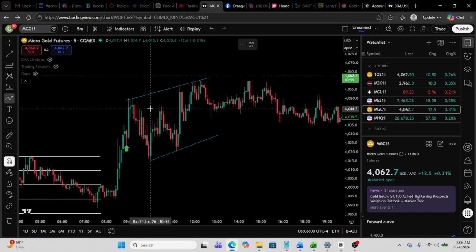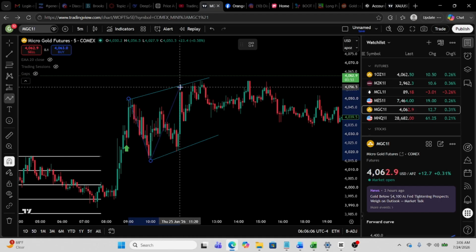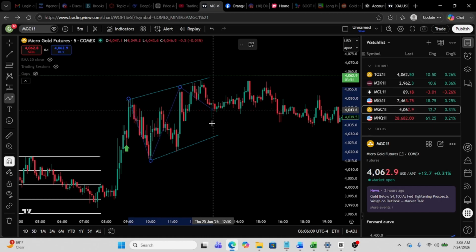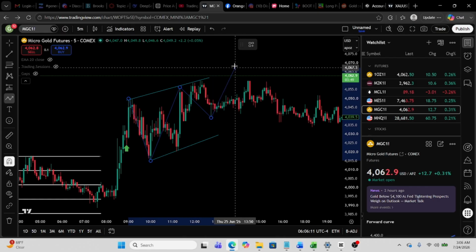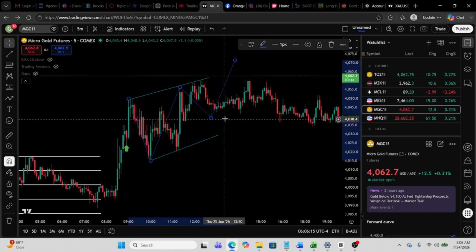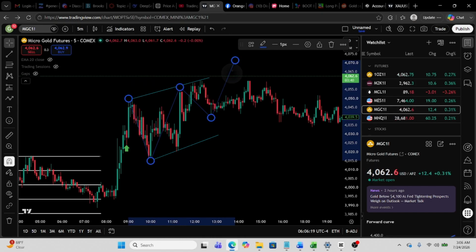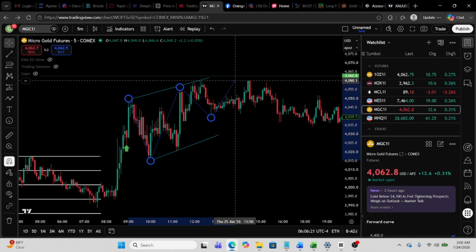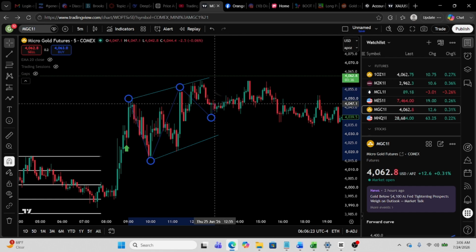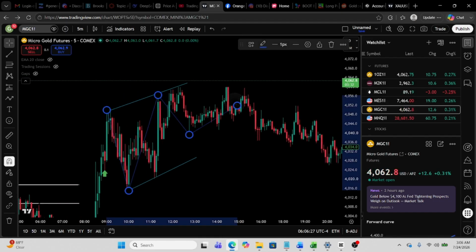Grab the path again. So you anticipate something like this to form, and potentially put in a swing high. However, that never happened, right? Instead, we went sideways. So automatically, I'm thinking trading range. And that's exactly what ended up happening here.